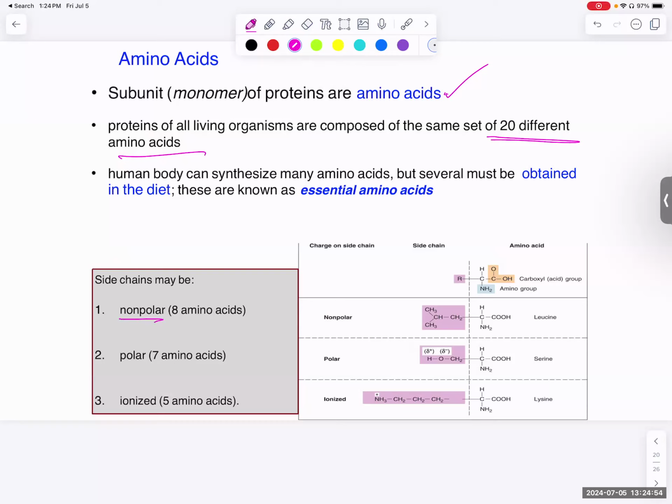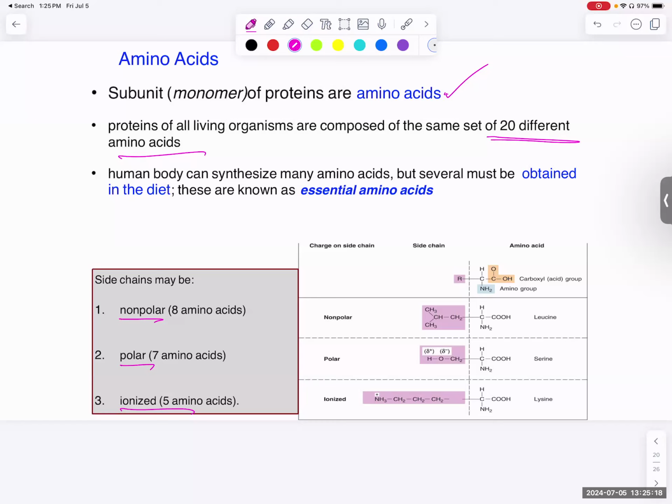Why? Because some are nonpolar, some are polar, some are ionized. And again, two ionized amino acids, if they're both cations, they're going to kind of move away from each other. If they're a cation and an anion, those two amino acids are going to move towards each other. So these are determining the way that the protein folds or its shape.